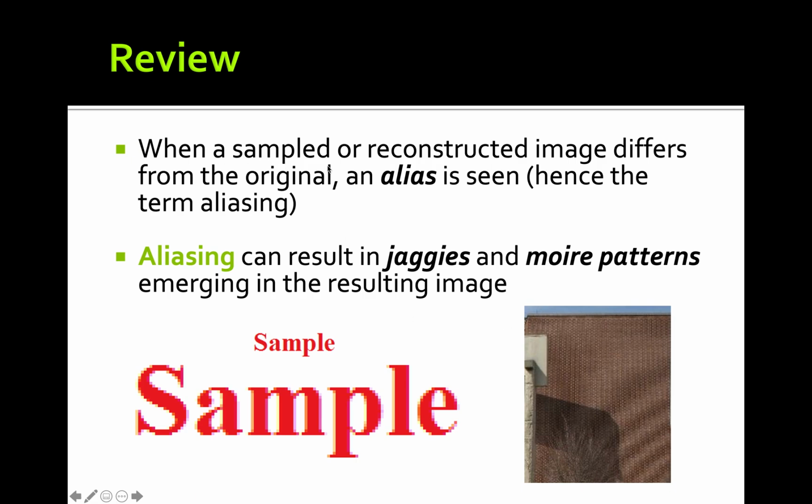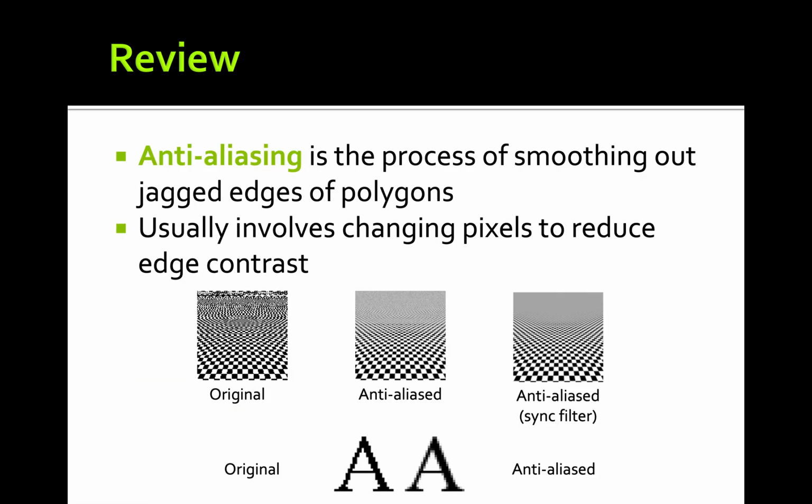When a sampled or reconstructed image differs from the original, an alias exists. Hence the term aliasing, because an alias is seen. Aliasing can result in jagging or moire patterns emerging in the resulting image. We have discussed this in more detail last time. Anti-aliasing is a process to smooth out the jagged edges.